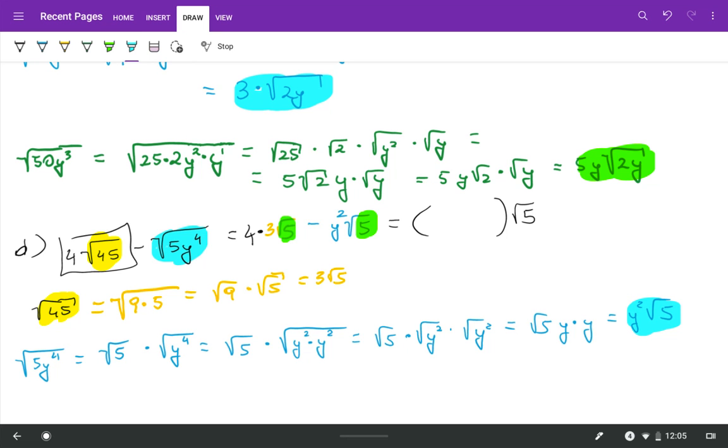Inside of the parentheses, we're putting the coefficient, which is 4 times 3, which will be 12, and negative y squared. So the final answer will be, in parentheses, 12 minus y squared, square root of 5. So this is the final solution.